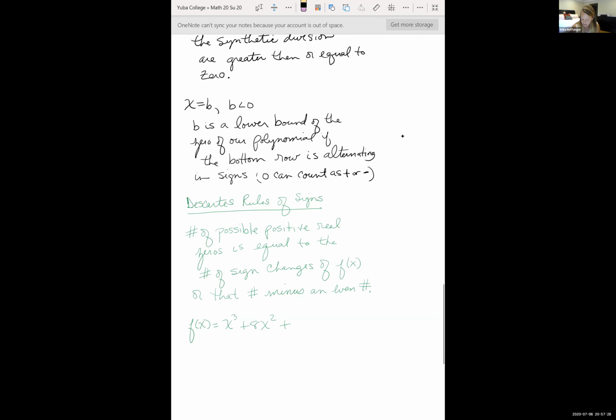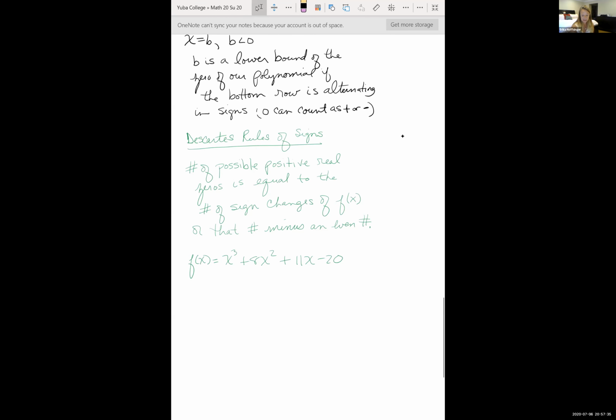We want to count the number of sign changes between terms.